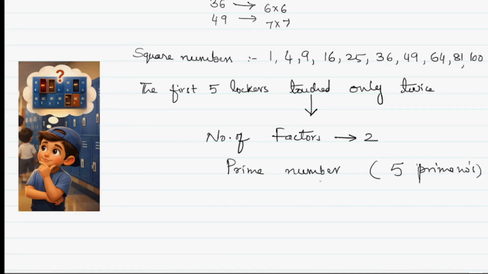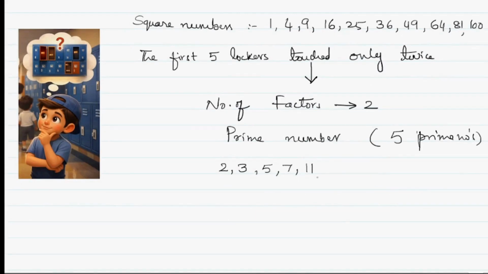What are the first 5 prime number lockers? First 5: 2, 3, 5, 7, 11, right? So these are the lockers which is the passcode. So 2, 3, 5, 7, 11 is the passcode for the special locker.